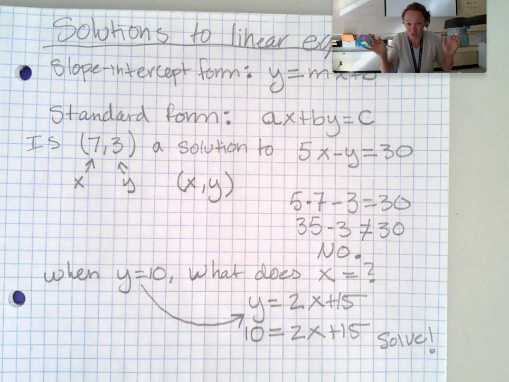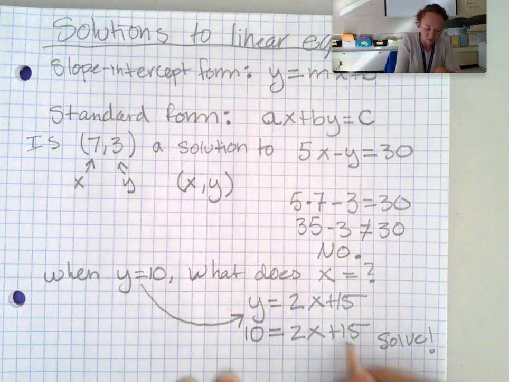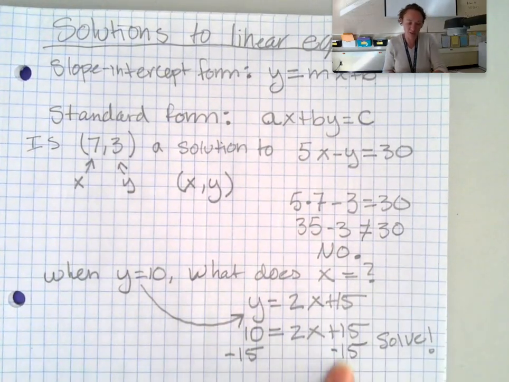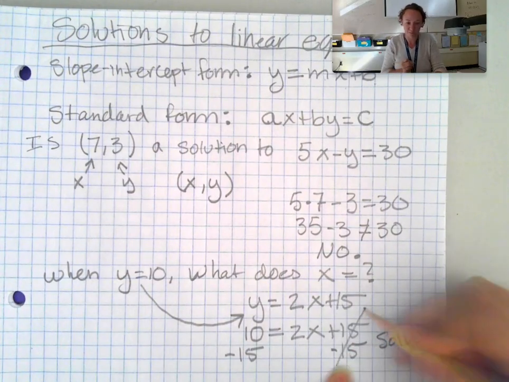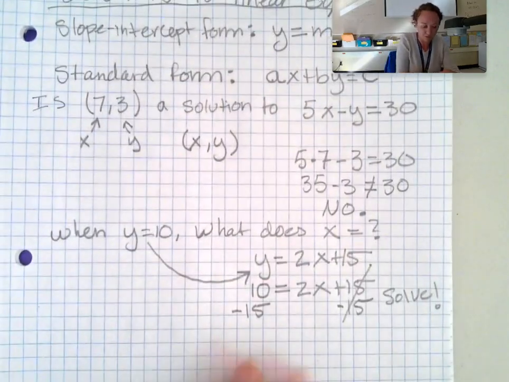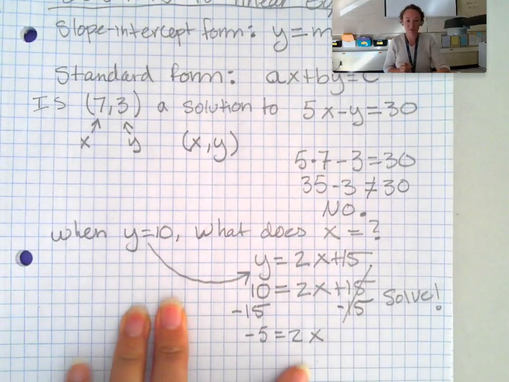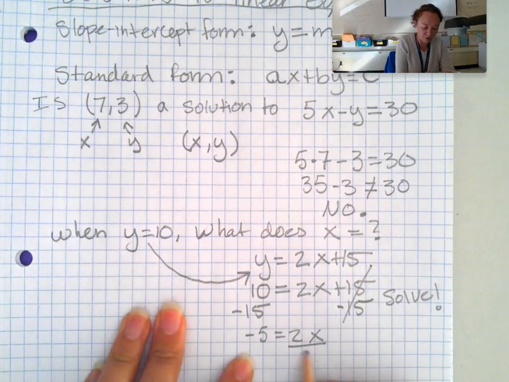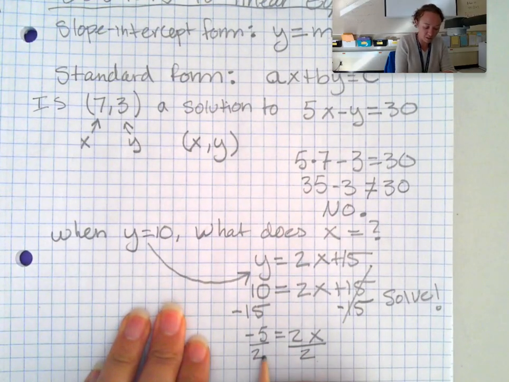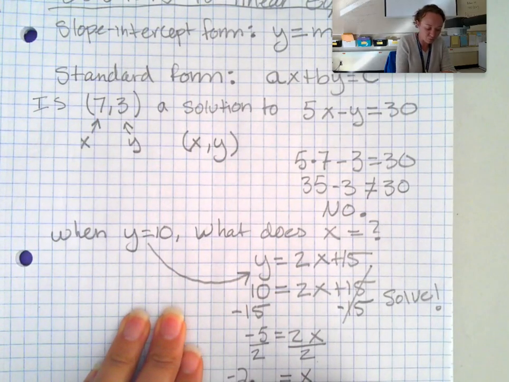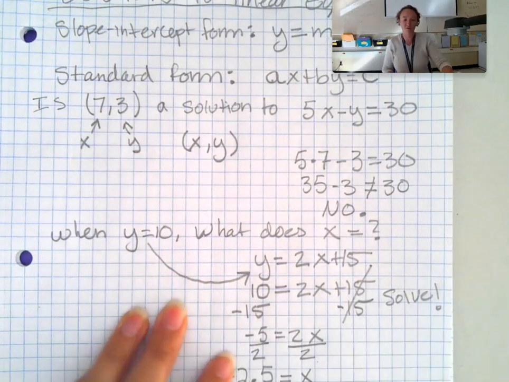I could simplify first, but there's nothing to simplify. So instead, I'll subtract 15 from both sides, because that'll make a 0 over here. So now I have -5 equals 2x. And then I can divide by 2 on both sides to get that x equals -2.5, because 5 halves is 2.5.